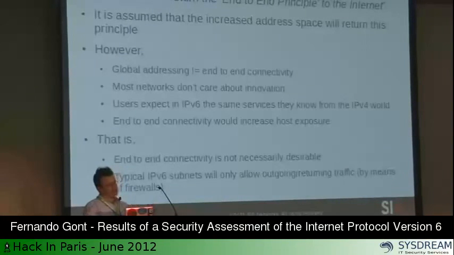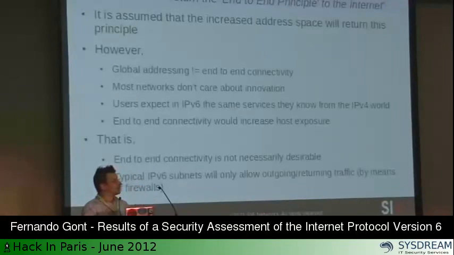What I think about this topic is that end-to-end connectivity is not necessarily something that you decide for every network, and that in practice, IPv6 won't return this end-to-end connectivity. As a data point, Comcast is probably one of the ISPs that is most known for pushing IPv6 deployment.